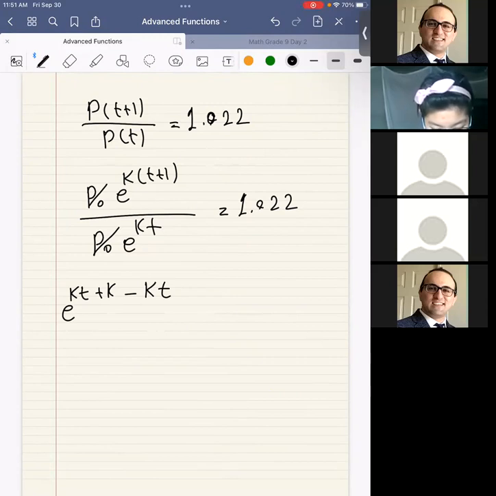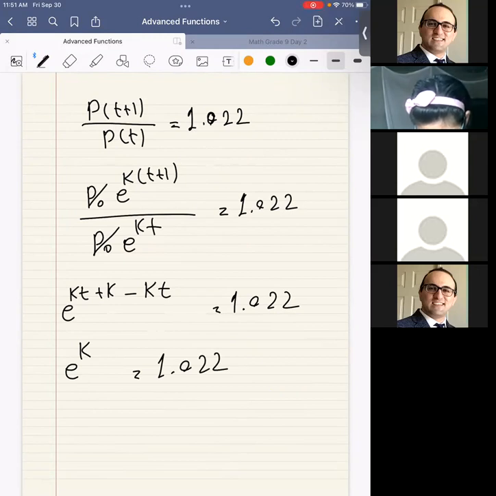Because when you divide two exponentials, you subtract the exponents, right? This is equal to 1.022. So that means e to the power k is equal to 1.022. By the way, this is equivalent to saying that k is equal to ln of 1.022, where ln is the natural logarithm.